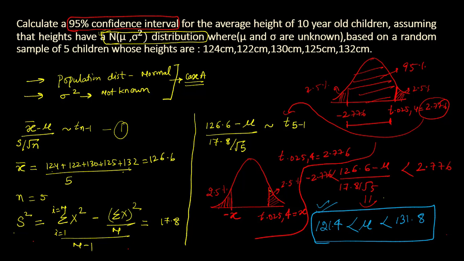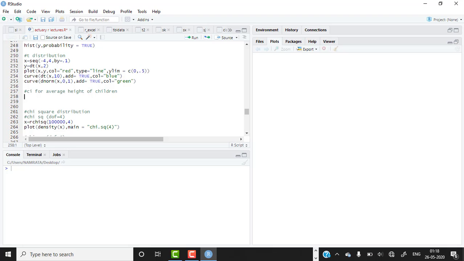Now we are going to see whether we would be able to get the same result with R programming. Let us put my sample data as 124, 122 centimeter, 130 centimeter, 125 centimeter and 132 centimeter.